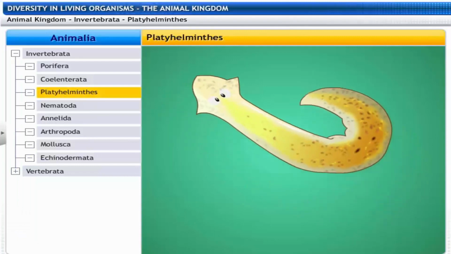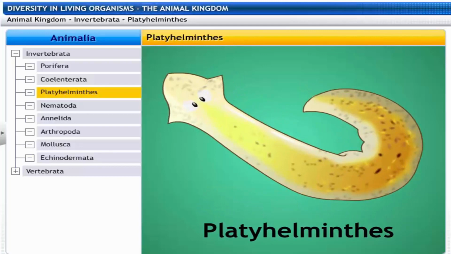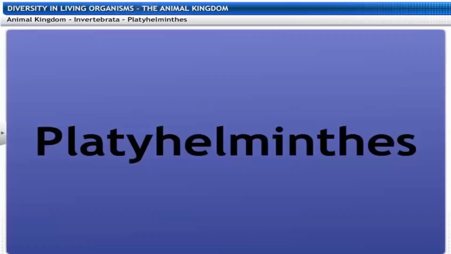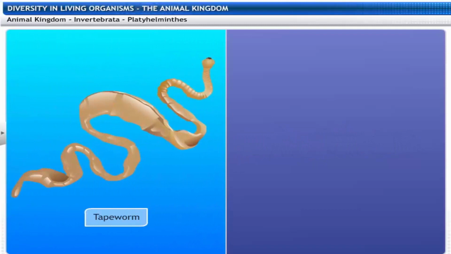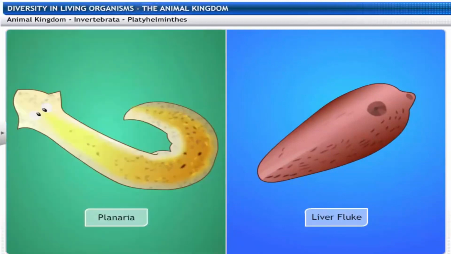Platyhelminths get their name from two Greek words, platy meaning flat and helminths meaning worms. The phylum Platyhelminths includes tapeworm and liver fluke. Platyhelminths are either free-living or parasitic.